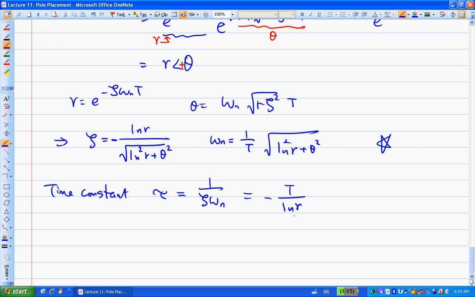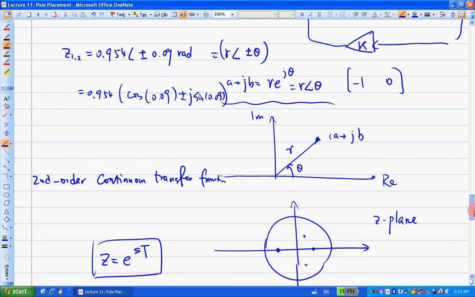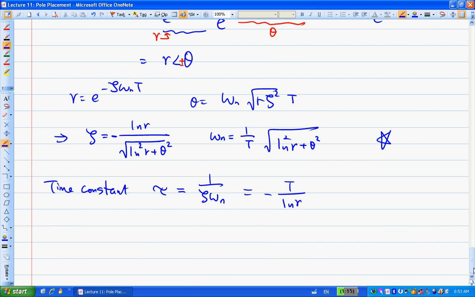So now I think I'm ready to go back to the original question here. I have this z1,2 equal to this. So let me write it down here. So z1 and 2 equal to 0.94954, angle plus or minus 0.09 at here.